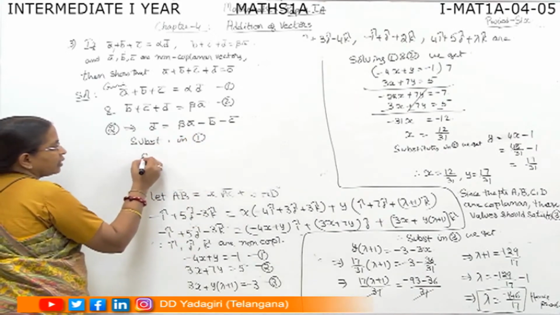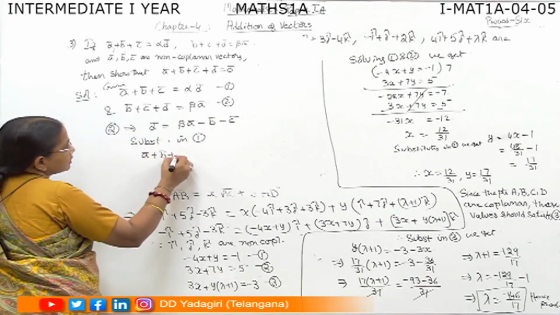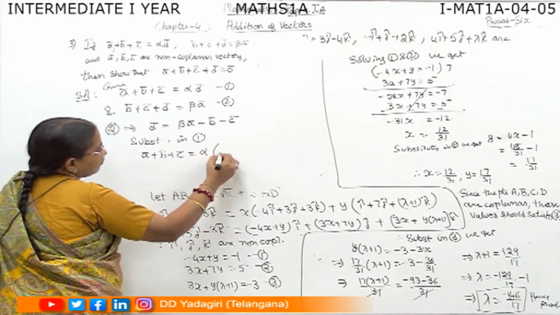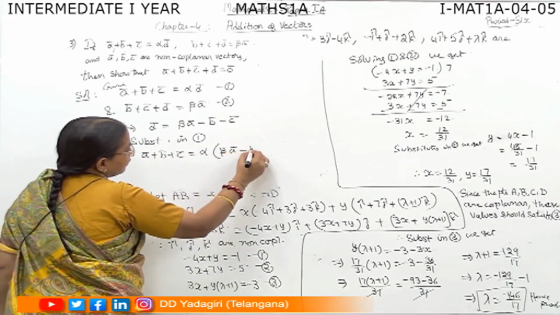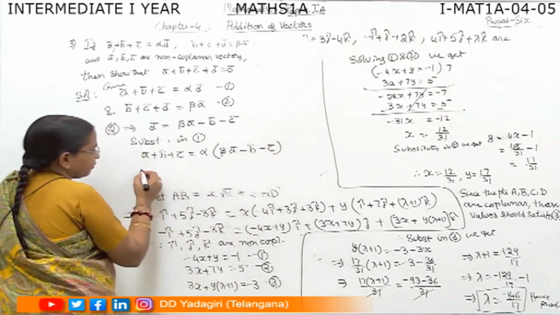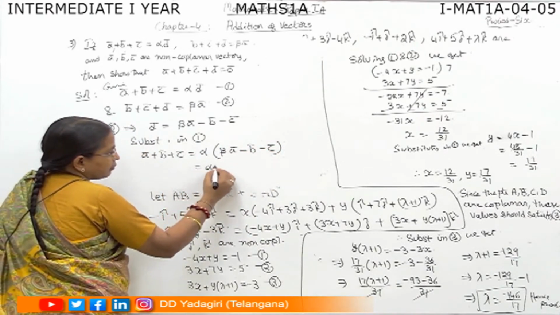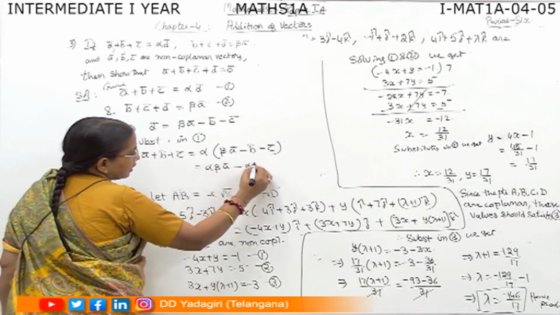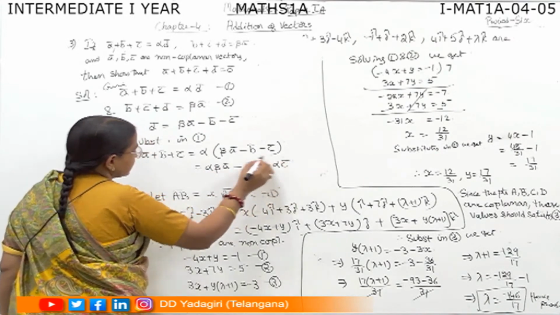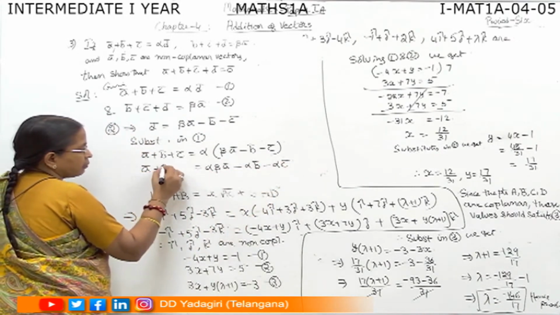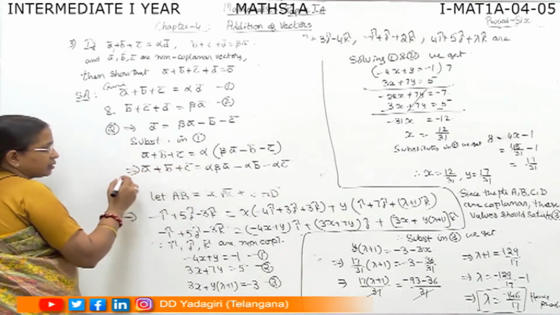So you will get A plus B plus C is equal to alpha into (beta A minus B minus C), that means alpha beta A minus alpha B minus alpha C.